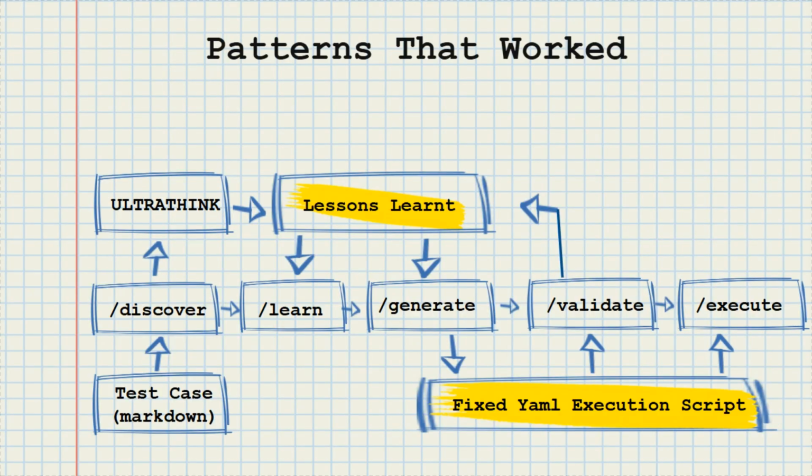The pattern we used then, that was really based around this initial discovery, and that discovery failed on the first pass, so we got Claude Code to do some ultra thinking, created this lessons learnt approach, which looked at all the AG grid documentation, pulled together a working approach with the API, and then we could feed that back in both to the discover, the learn, and the generate stages in order to create this fixed YAML execution script, which had steps that were implemented using some of the lessons learned.